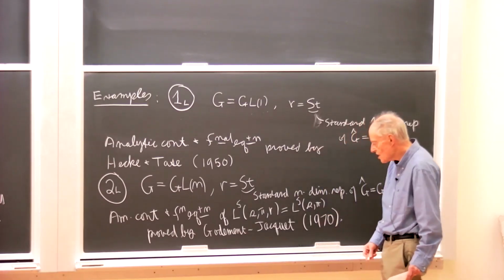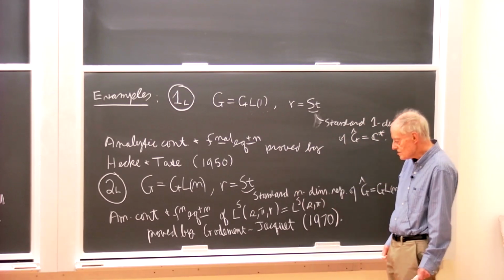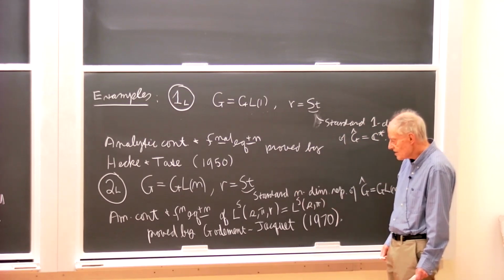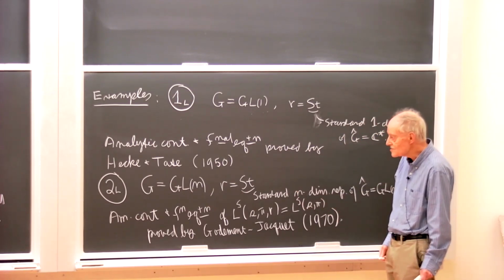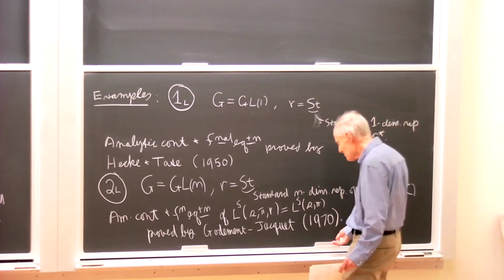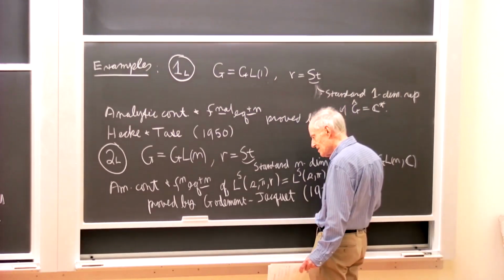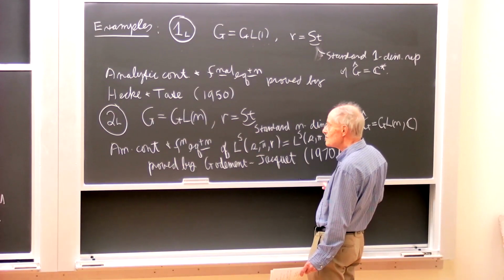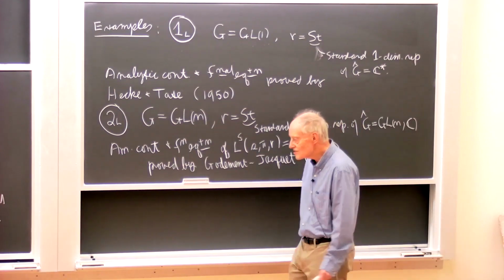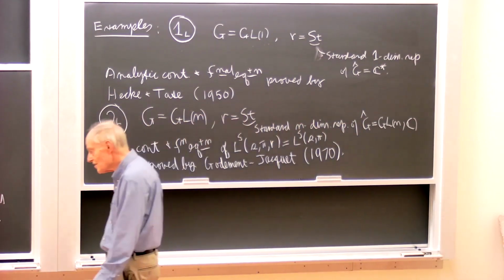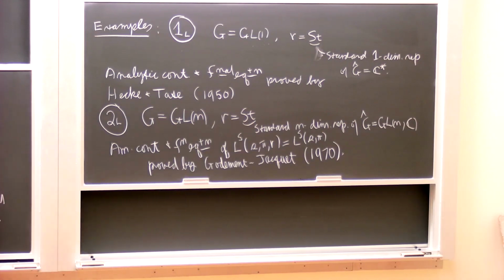And so that was available. Langlands assumed that it was available or close to being available. But I've said that analytic continuation and functional equation is far from proved for one of these more general things.